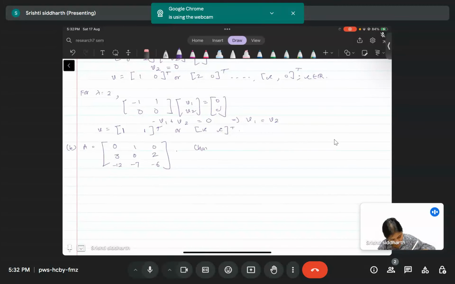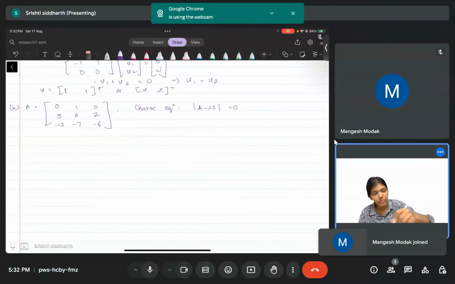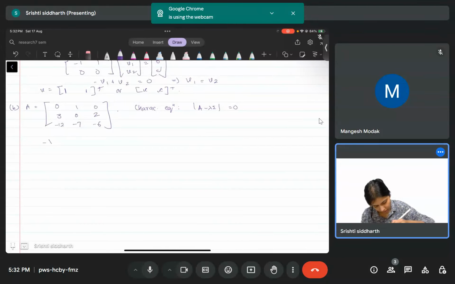The characteristic equation is going to be the determinant of A minus lambda I equals 0. So this becomes minus lambda, minus 6 minus lambda, and minus 7.